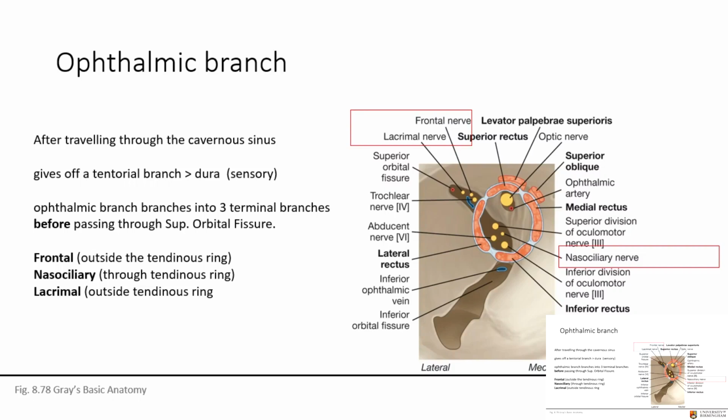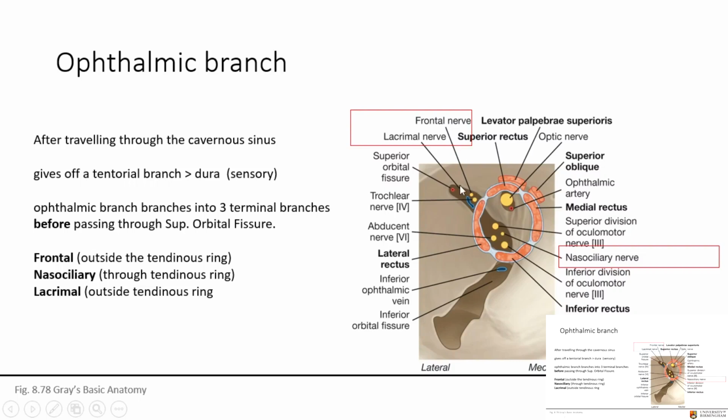So the main branches of the ophthalmic division, the 3 terminal branches, are the lacrimal nerve, this one here, the frontal nerve, and the nasociliary nerve there.